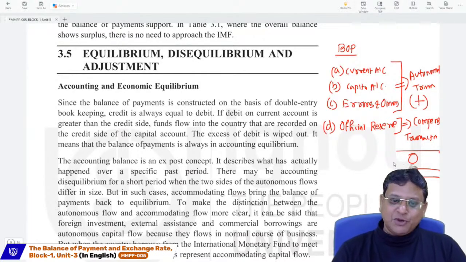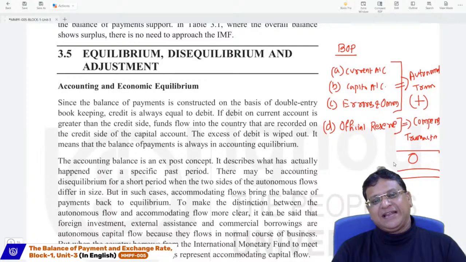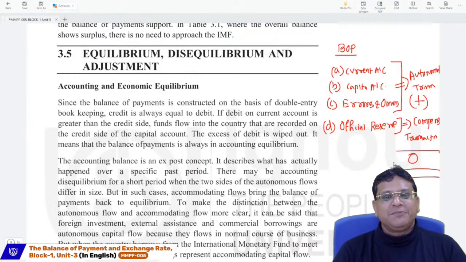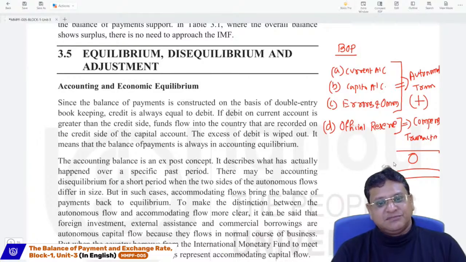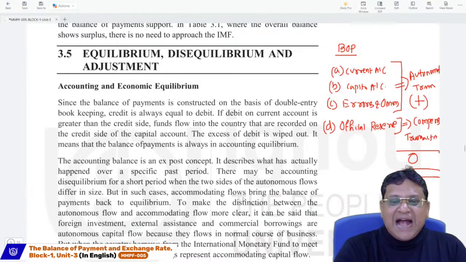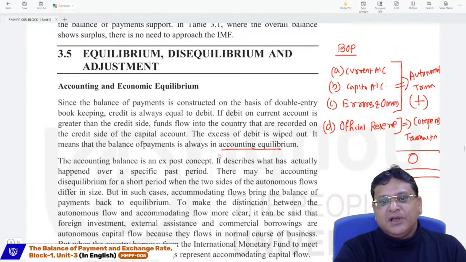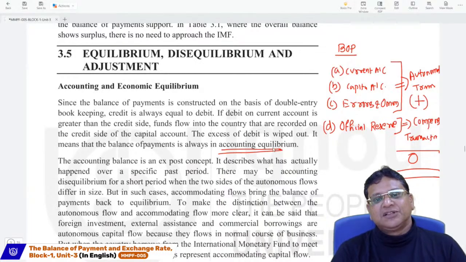If there is a BOP surplus, there will be an increase in official reserve. If BOP surplus is 50, increase in official reserve will be 50. Therefore, the BOP statement will always balance. Okay, but it is an accounting equilibrium. In the accounting sense, the BOP statement always balances.